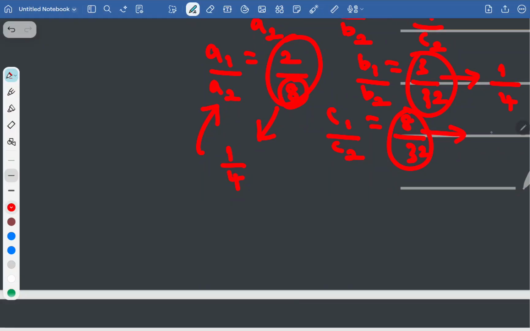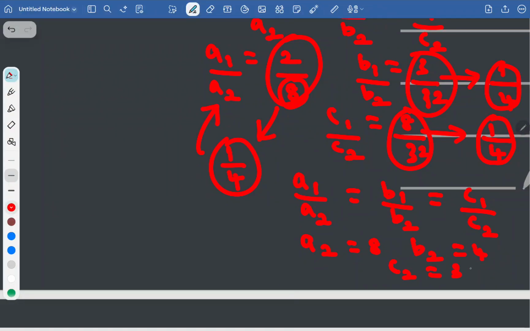If I simplify 8 by 32, the answer is 1 by 4. All the ratio values are equal to 1 by 4. Therefore, the condition for coincident is verified: a1 by a2 equal to b1 by b2 equal to c1 by c2. Therefore, a2 should be 8, b2 should be 4, c2 should be 32.